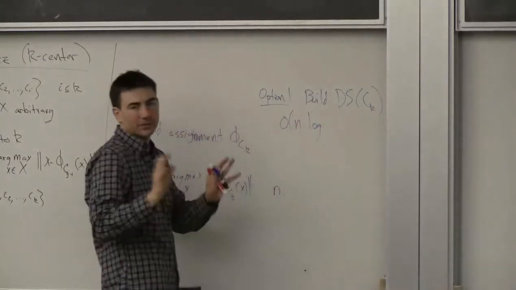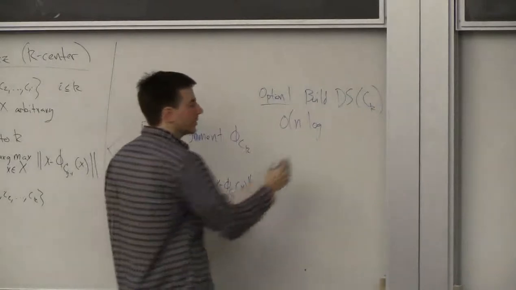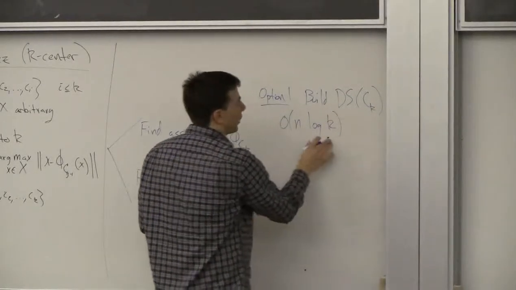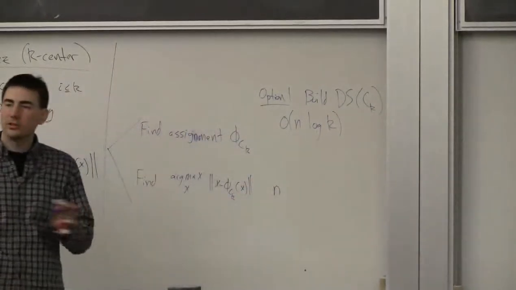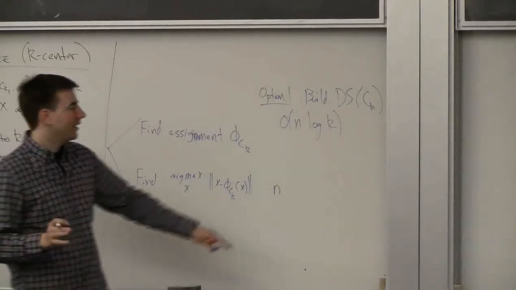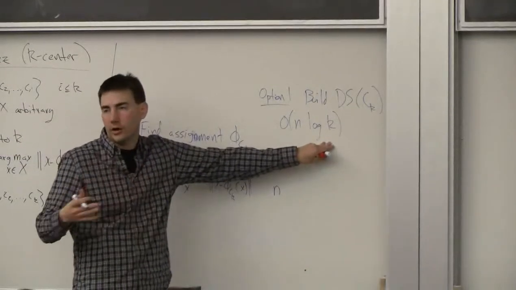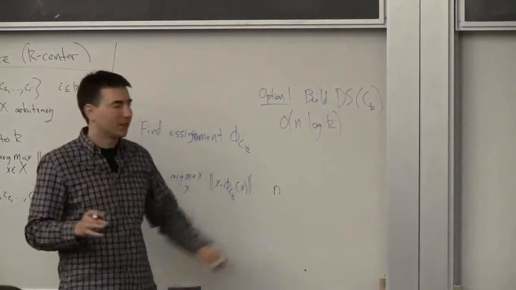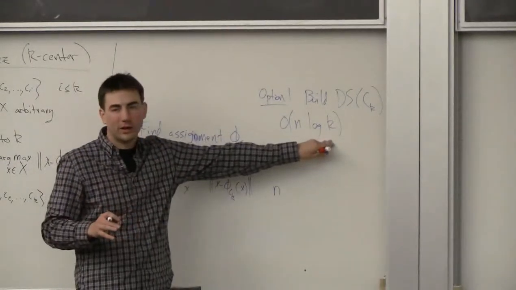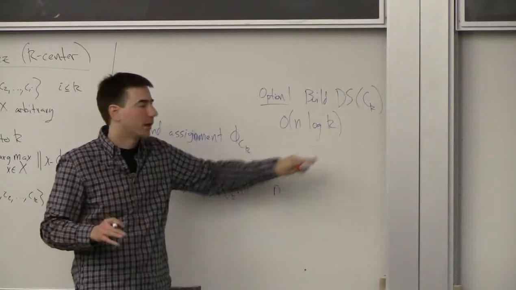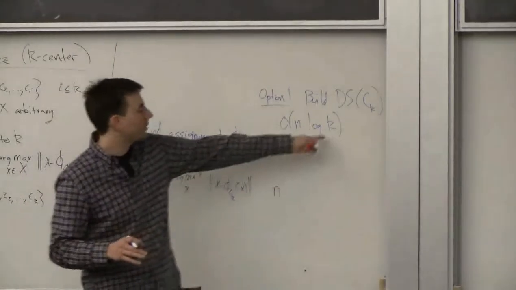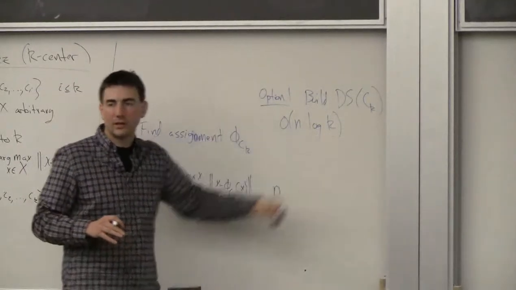If it's a low enough dimensional space, it'll look something like O of n log k. In higher dimensions, where I need to use one of these advanced techniques like locality sensitive hashing, I don't quite get a log k, it may take longer. But I don't actually need to do this. I can do something smarter.